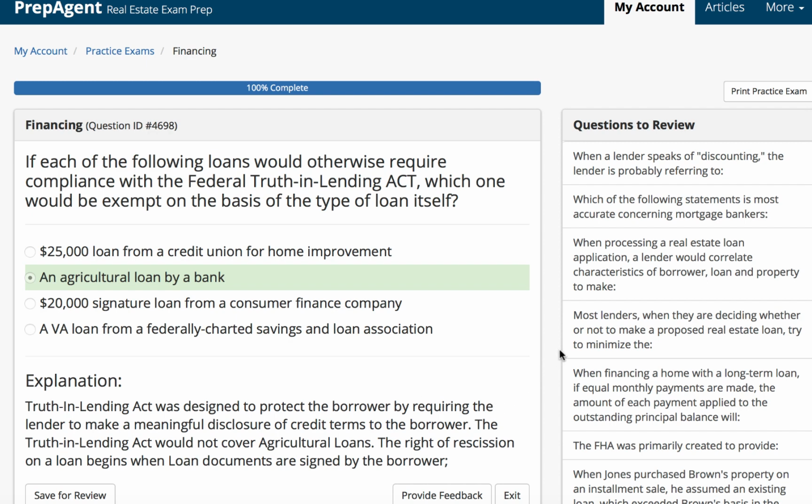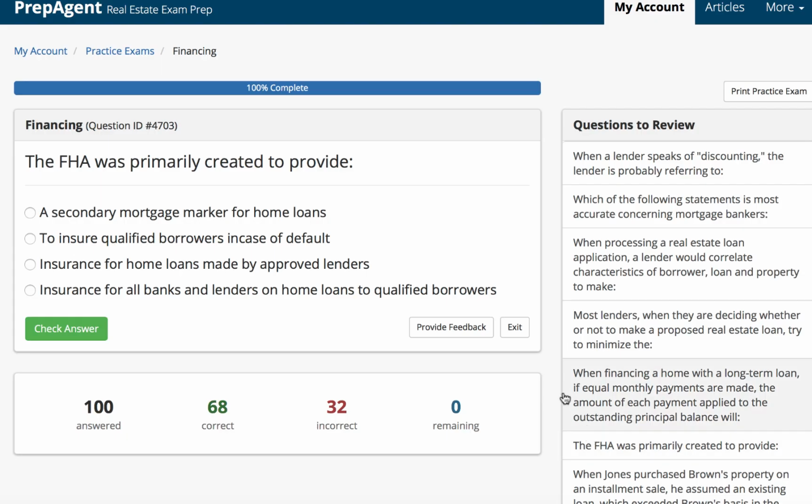Okay. So most of the rest of these have to do with personal residence. Okay. That's why. The FHA was primarily created to provide, the FHA is insurance for the lender. Good.